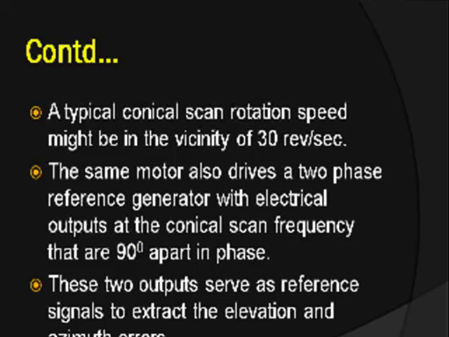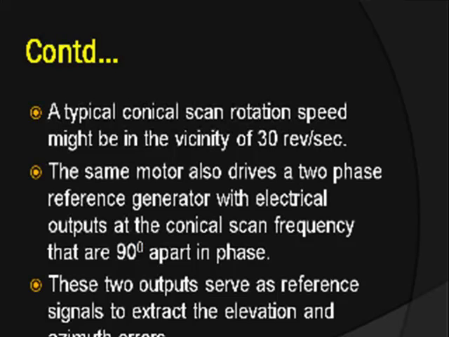A typical conical scan rotation speed might be in the range of 30 revolutions per second. It means in 2 seconds it's going to complete one rotation around the target with several beams placed adjacent to each other.